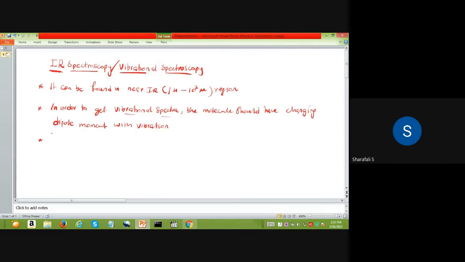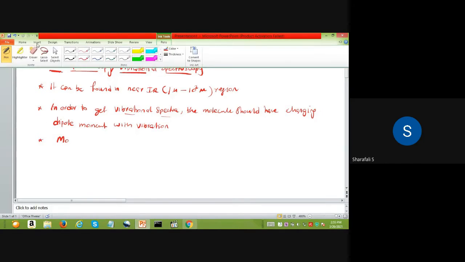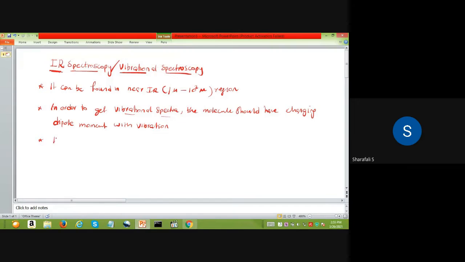So we can say homonuclear diatomic molecules will not show IR spectra. Why?